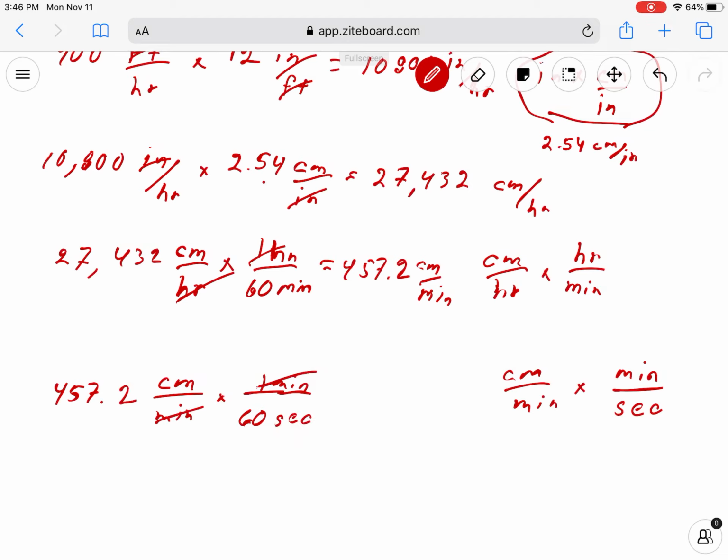So the minutes cancel, and that essentially is 7.62 centimeters per second.